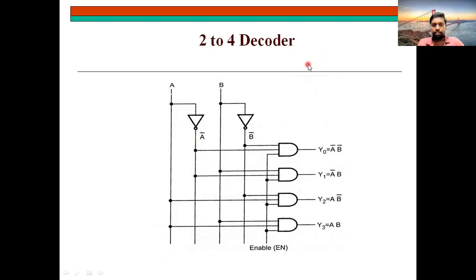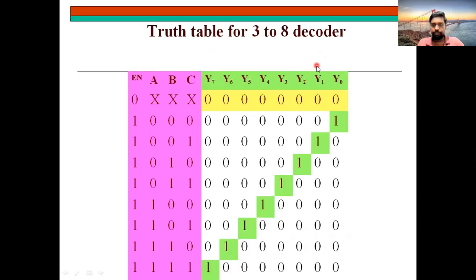Okay. So when you keep the same concept for a higher order decoder, suppose you take n equal to 3, then you will have a 3 to 8 decoder. Same format: first, enable equal to 0 means irrespective of any inputs, output will be 0, the same as we saw previously.